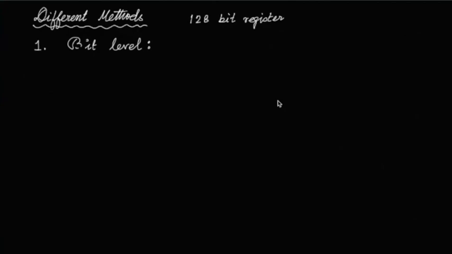Now, when I say bit level parallelization, one example is, say I have 32-bit floating point numbers, and in 128 bits I can store four 32-bit floating point numbers.